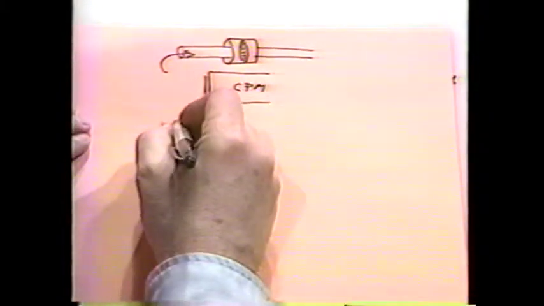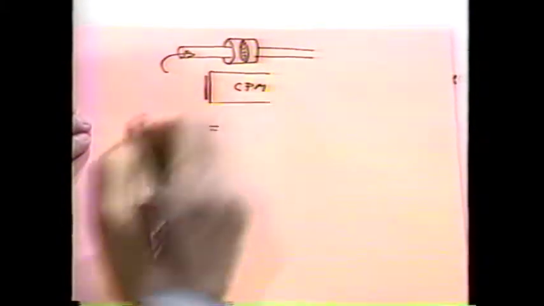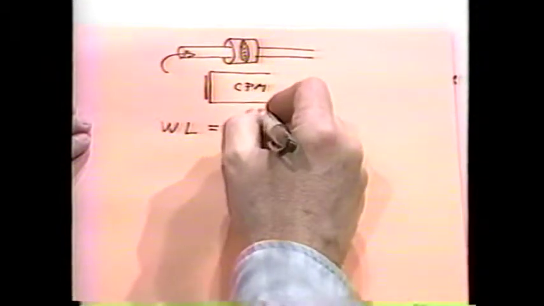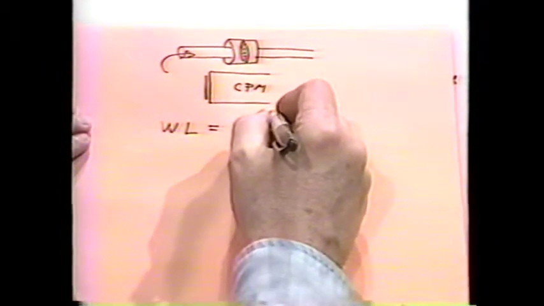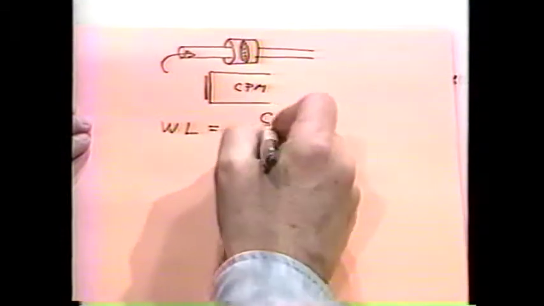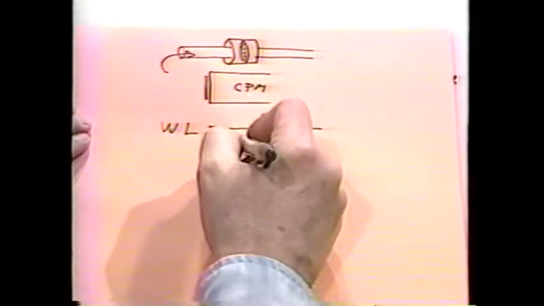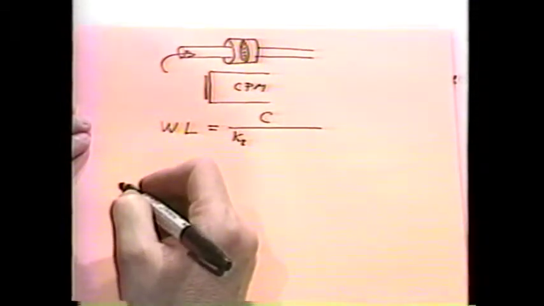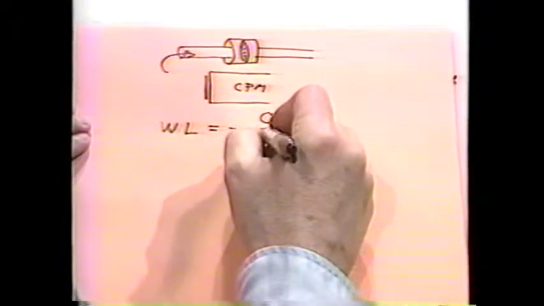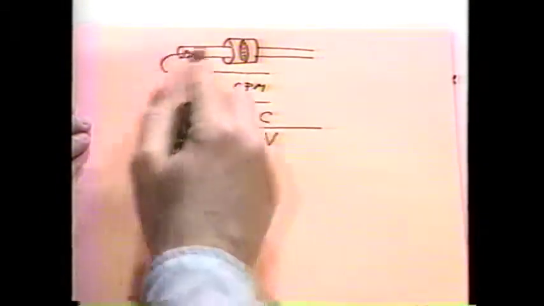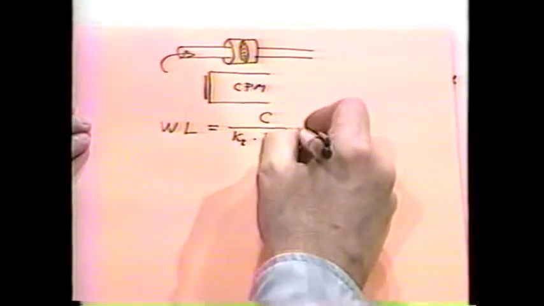And the formula that is used is that the working level that we get is equal to the net counts, which we call C, divided by some coefficient, KT, divided by the volume of air that we drag across the filter paper, and divided by the efficiency of the system.